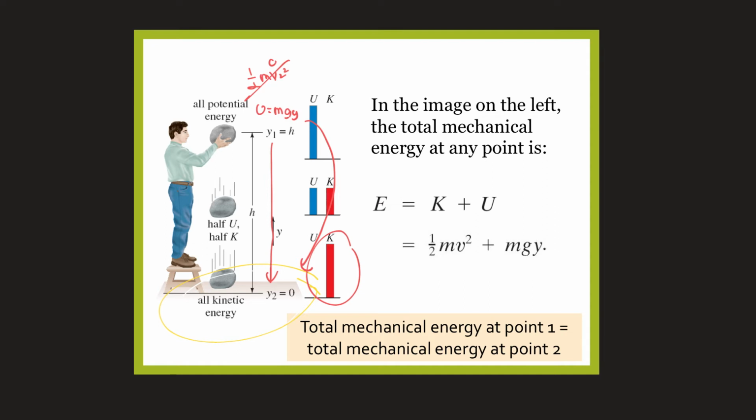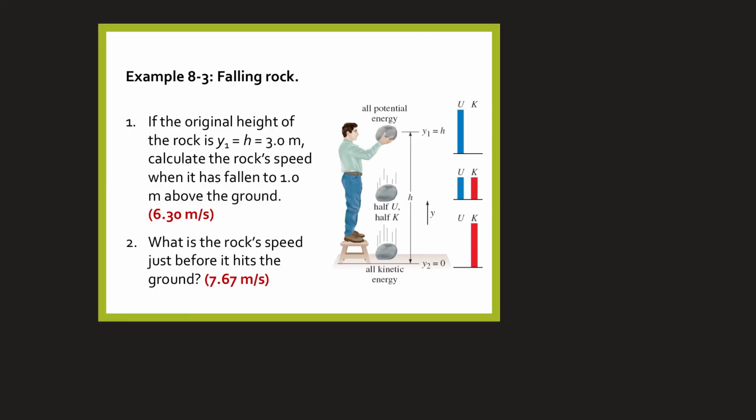If you lose 50 joule, it means that 50 joule is going to be gained, or the 50 joule you gain from the kinetic is going to be changed into 50 joule of potential energy. Example, this is one of the questions that you might encounter in your exam, but this one is pretty easy. The question asks you to find the speed when it has fallen to 1 meter above the ground.